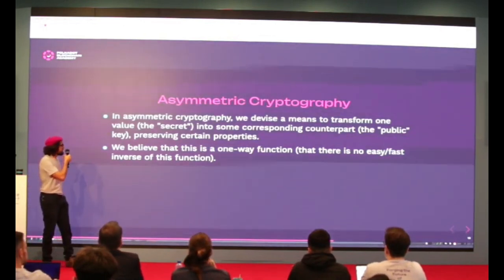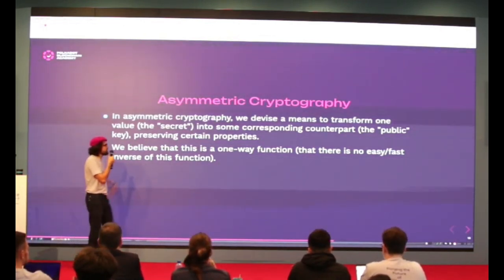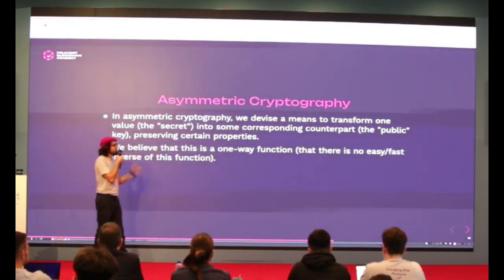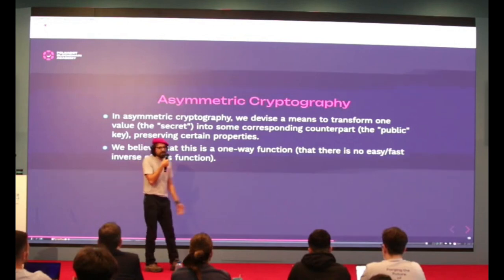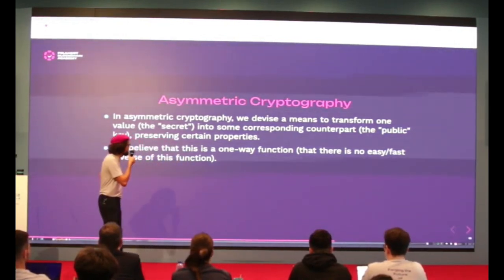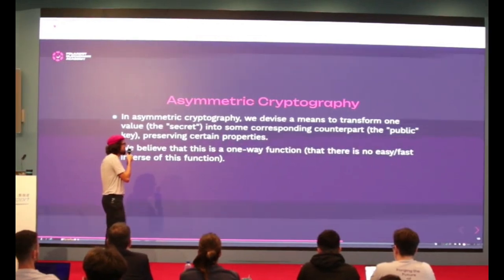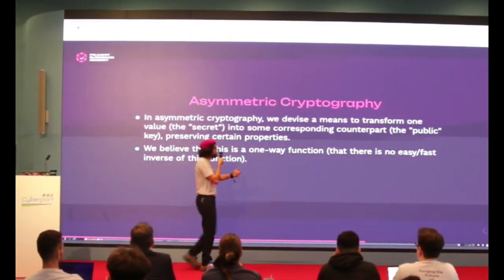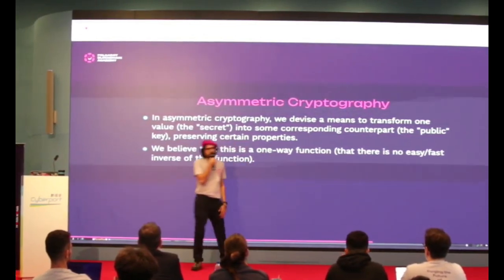I transform my key into this representation, and we believe that with the current mathematics, algorithms, and computational power we have, we cannot use this property, this new identity, to reverse it and get the secret out.